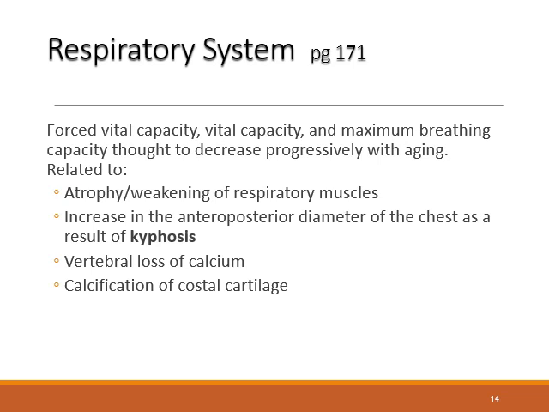Also, that could be related to our thyroid, parathyroid. So that's always something that the physician needs to check. Calcification of costal cartilage: the hardening of our cartilages almost turns bone-like, and then you can't expand, and they stay closed.